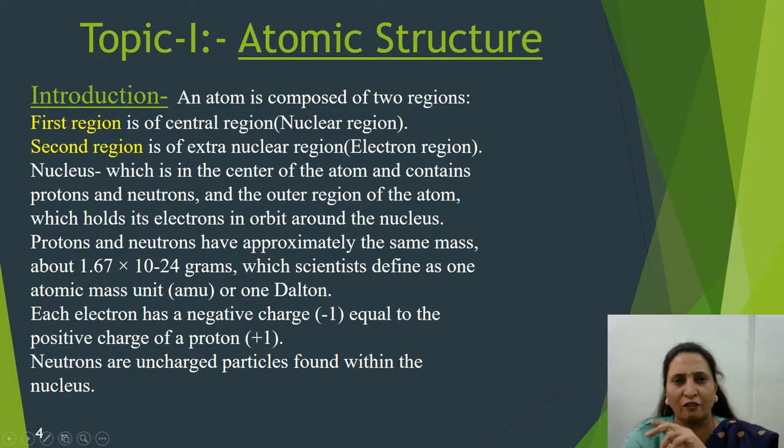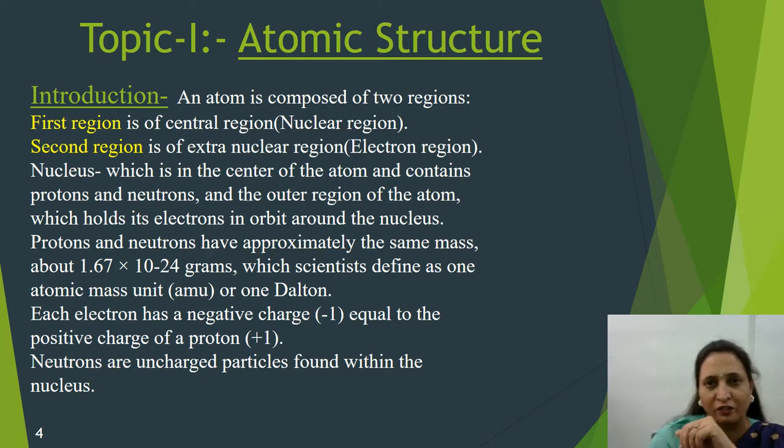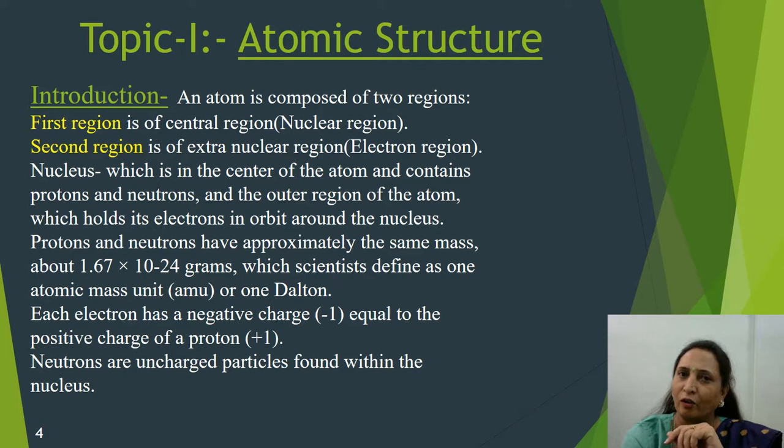Now let's see our first topic, atomic structure. Now students, the name indicates that this topic includes the study of atomic structure. First of all, let's see the introduction part. All of you know that an atom is composed of 2 regions.